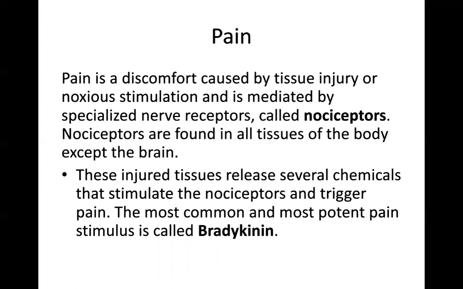The most prominent and common pain stimulus is a chemical called bradykinin. So when tissues are broken or damaged, chemicals are released, and that's what stimulates the receptors. So these are kind of like chemoreceptors in that they respond to chemicals, but specifically related to pain.